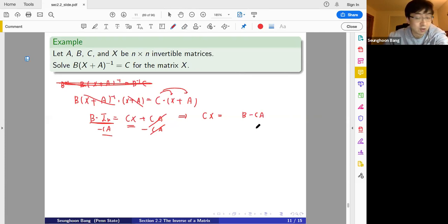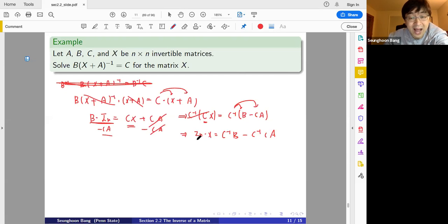Next, you multiply both sides by the inverse of C. C and C inverse change to I_N, so this is I_N times X, distribute inverse C times B minus inverse C times CA.